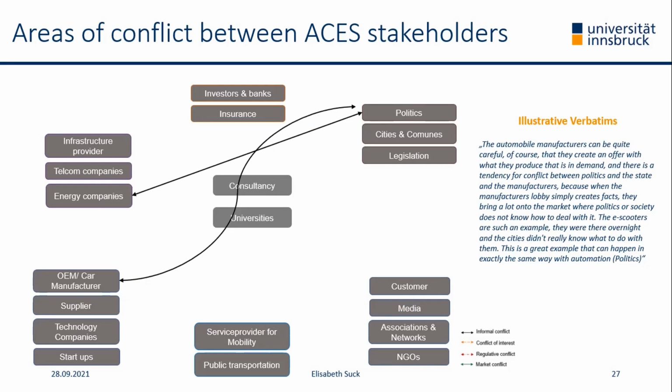In terms of ACES, this would mean, for instance, that a telecom company or an energy company has that huge power to hinder one technology from coming up, and then this whole concept has to move or adapt.